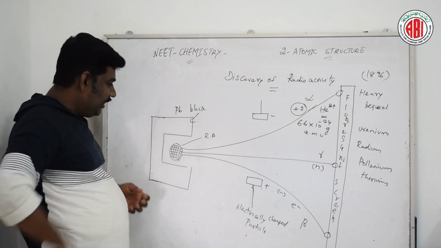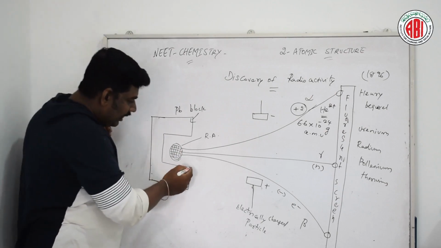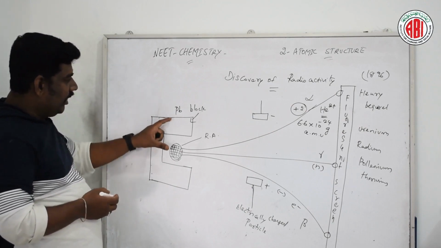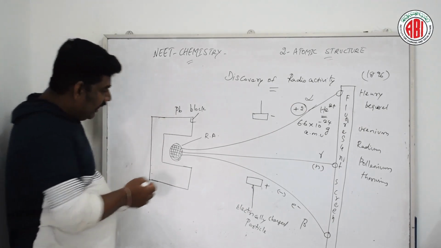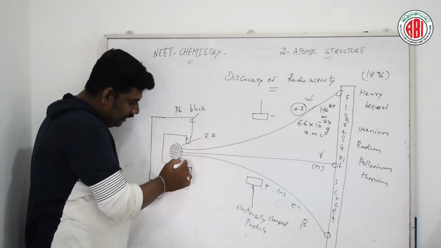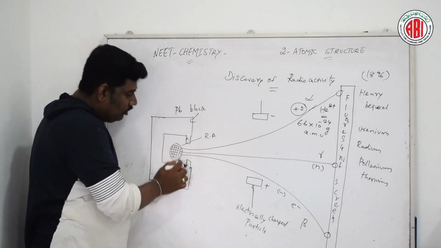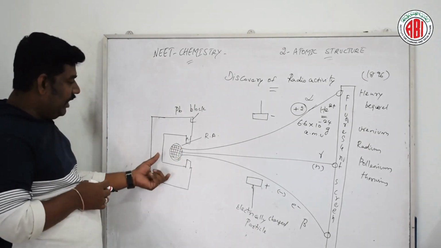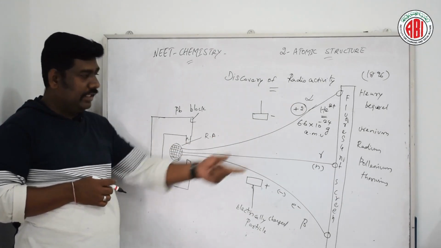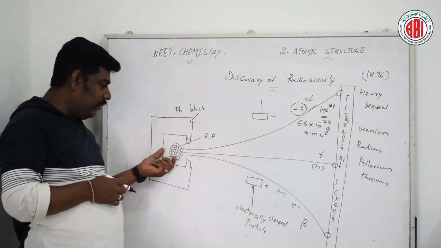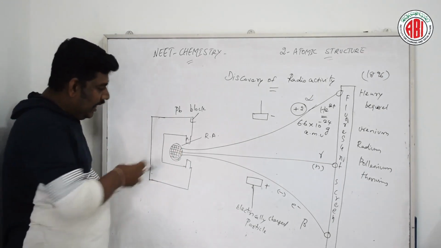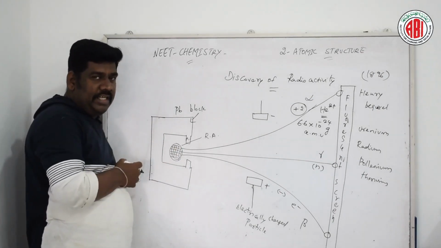According to this experimental setup, the radioactive substance, for example uranium, radium or polonium, is placed inside a lead block which has a small slit, and we bombard this radioactive substance.